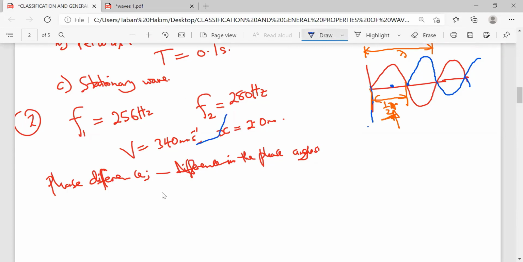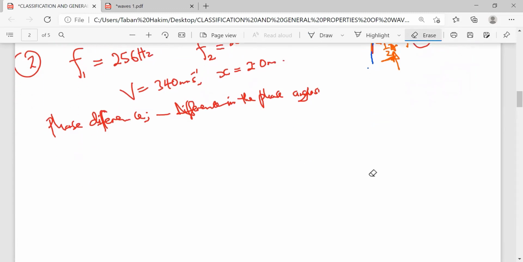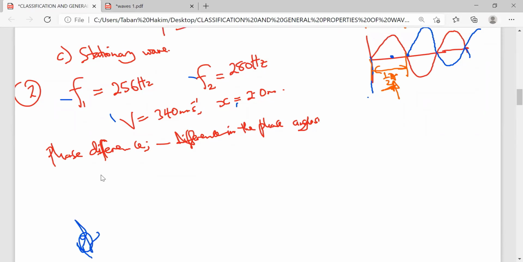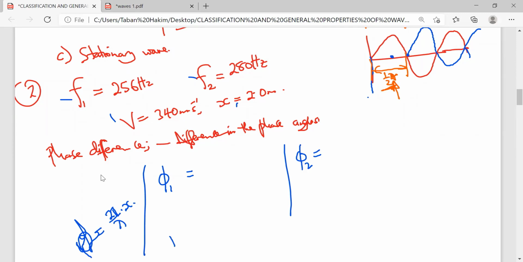So I need you to find the phase angles. Using these two frequencies, the wave velocity and the distance, and our equation phi being given by 2 pi divided by lambda times x, I need to find phi 1, then phi 2, and then get the phase difference.